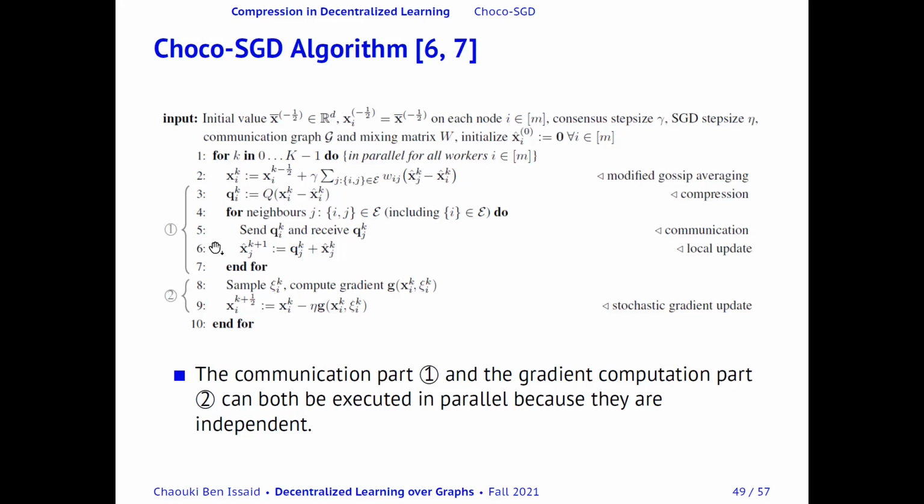And in line 6, we have a local update step of the variable x hat. Then in lines 8 and 9, a stochastic gradient update is run to update the variable x_i. It is important to note that in this algorithm, all initial variables x_i are initialized to the same input x bar, and that x_i hat are initialized for all nodes to be equal to 0.